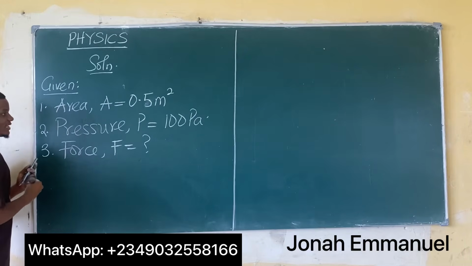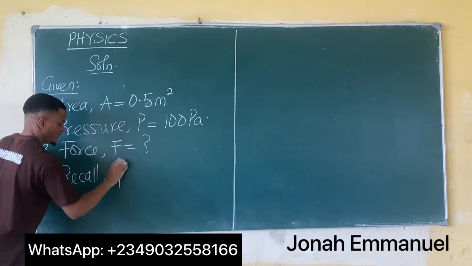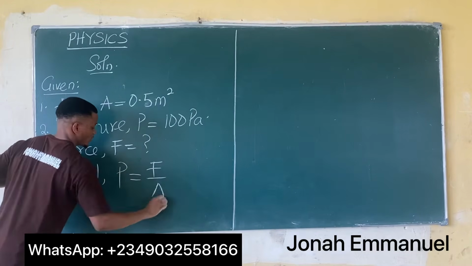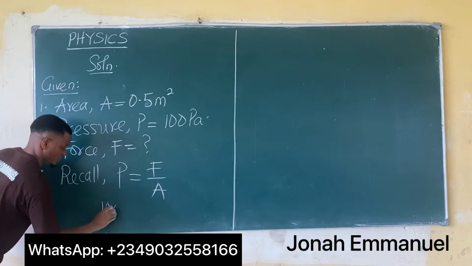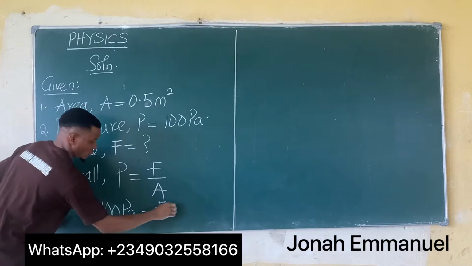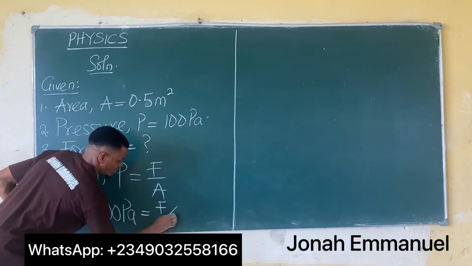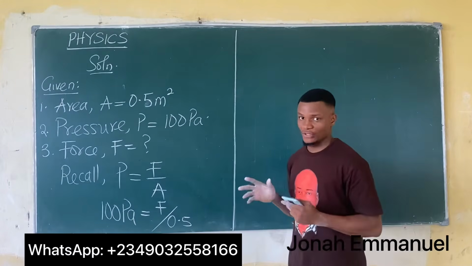Alright, let's get formulas. So recall that we said pressure is equal to force over area. The pressure here is 100 Pascal is equal to my unknown force all over the area, which is 0.5. Observe that all of these are in their basic units.